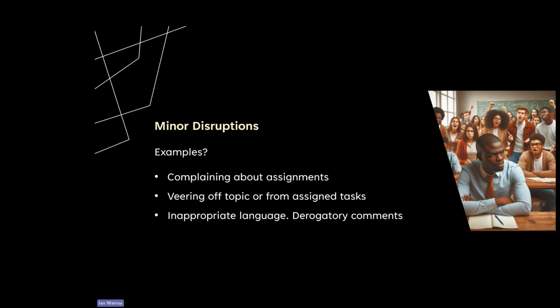And then students discussing things which have nothing to do with what they are learning. You've assigned them a particular activity or you're doing a Q&A, and they ask you questions which are totally off topic or irrelevant or unexpected. That's an example. Inappropriate language, derogatory comments.